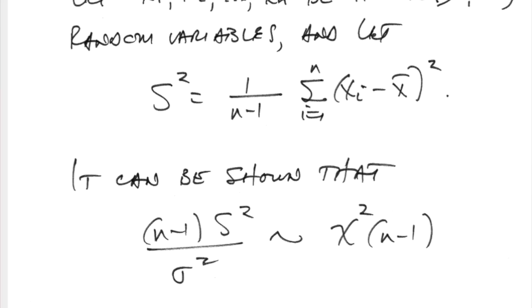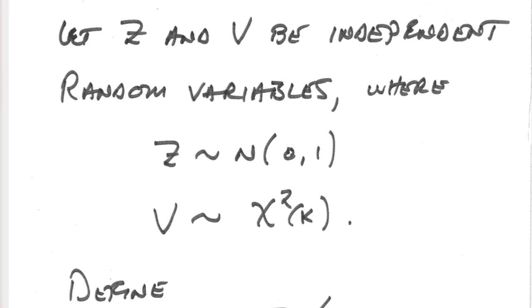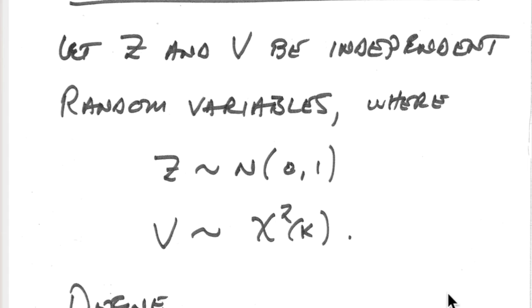And now that we've seen the chi-square distribution, we can talk about Student's t-distribution as well. So let Z and V be independent random variables, where the random variable Z has a standard normal distribution, that is, a normal distribution with mean 0 and variance 1, and therefore standard deviation 1.